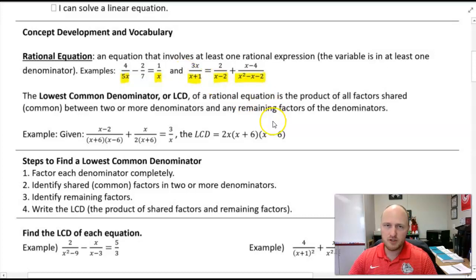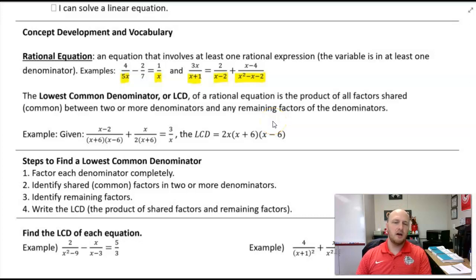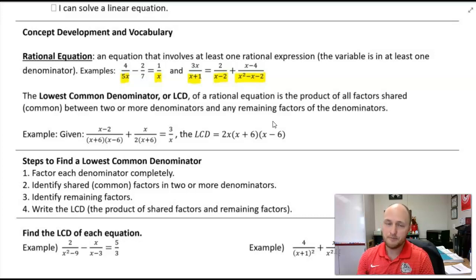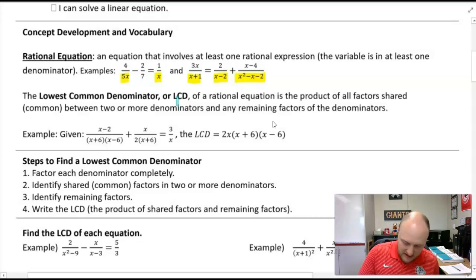Now, in order to solve rational equations, we're going to need a couple of ideas. The first one is the lowest common denominator. Just like when we wanted to add, subtract, or combine fractions, because rational expressions are fractions, we're going to have to talk about how to find a lowest common denominator. The lowest common denominator is abbreviated the LCD.